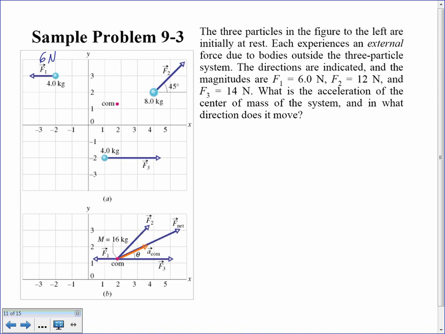We have force 2, which is 12 newtons at a 45-degree angle, which if you break it into components, you get 8.485 newtons for both the x and the y. And then force 3 is 14 newtons.